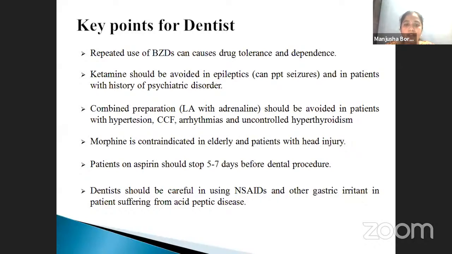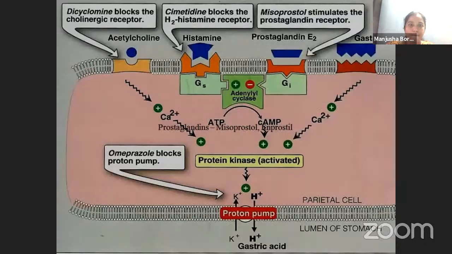Dentists should be careful in using non-steroidal anti-inflammatory drugs and other gastric irritants in patients suffering from acid peptic disorders. This is one of the slides which summarizes the mechanism of action of how these drugs act in peptic ulcers.